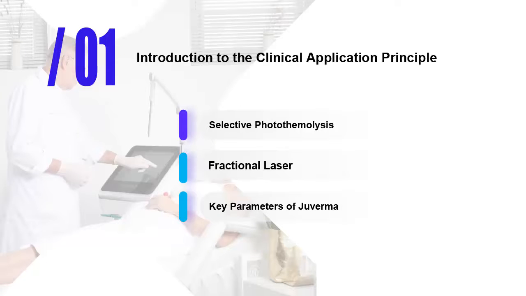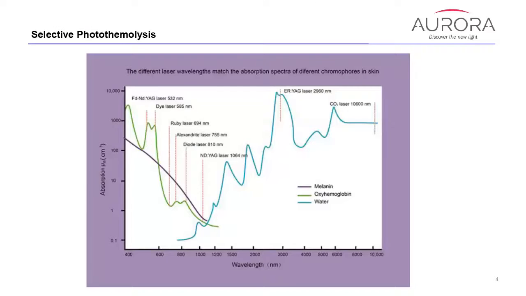Okay, for the first part, it's about the selective photothermolysis and fractional laser key parameters of the renewal. Based on the selective photothermolysis theory from this photo, 1550 absorption of the melanin and the HbO2 is relatively low.